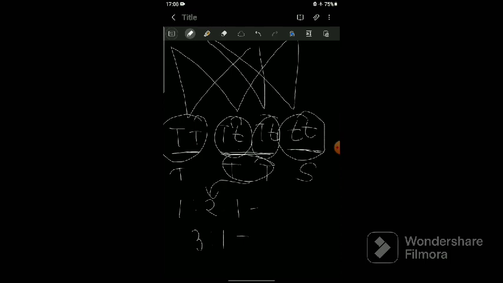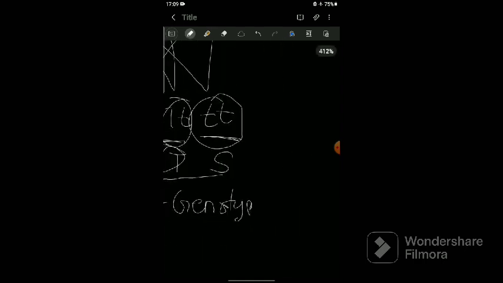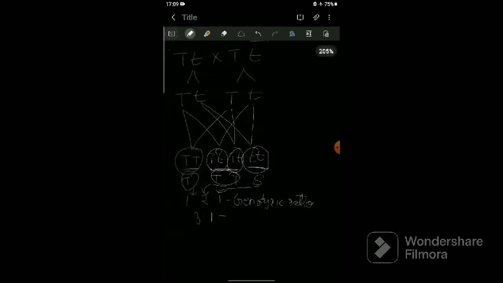And now over here, there is only one plant which is having a genetic formation of capital T and capital T. So we are taking this as one over here. And there is only one plant which is having genetic formation of a small t and a small t. So we are taking this as one over here. So now this is 1:2:1. This is what? Genotypic ratio.